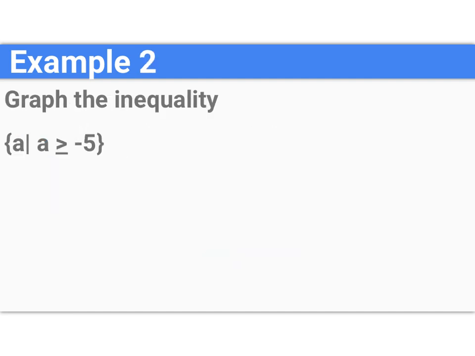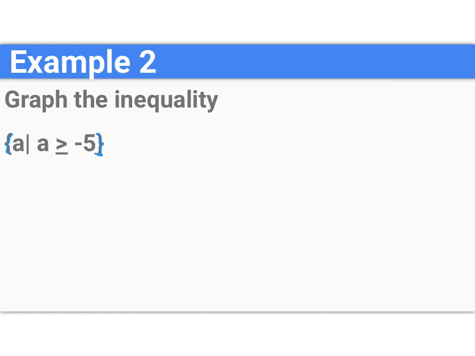Okay, very few books have this, but you will see this out there. These funny looking parentheses are called braces. The square ones are called brackets. The set of A, where A is greater than or equal to -5.